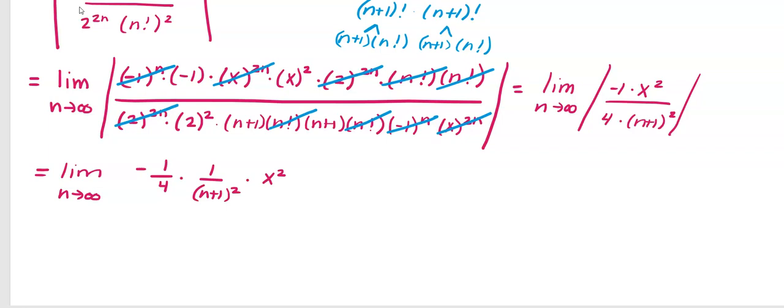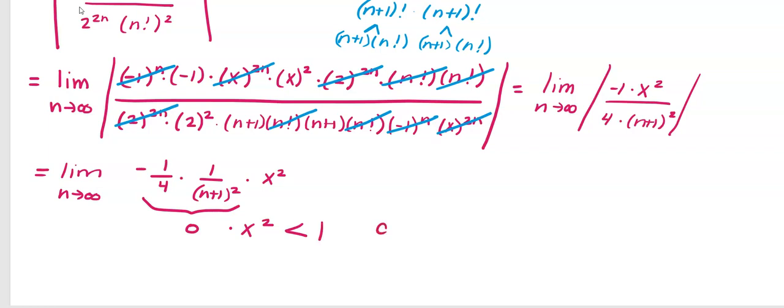Now, we can think about this first part here. The limit of that: the denominator is going to continue to grow, the numerator would stay the same, so the limit of that is going to be equal to 0. So we would have 0 times x squared, and we need to determine when that is going to be less than 1.